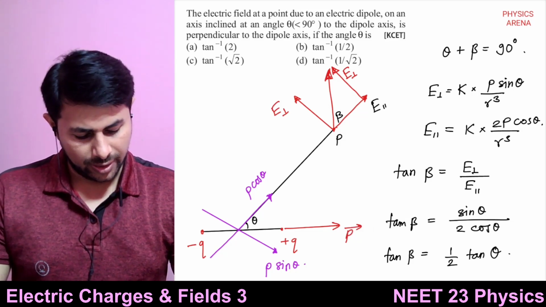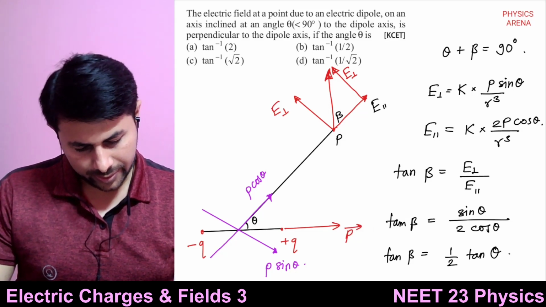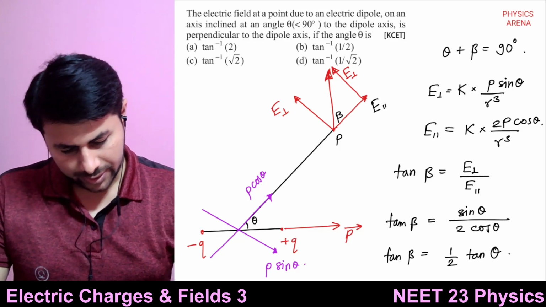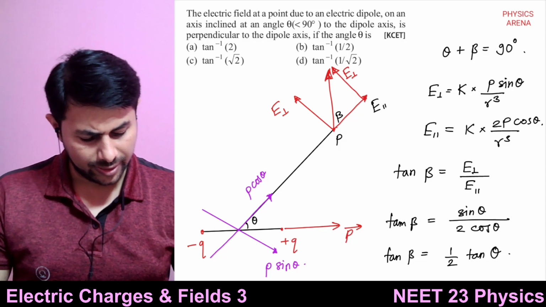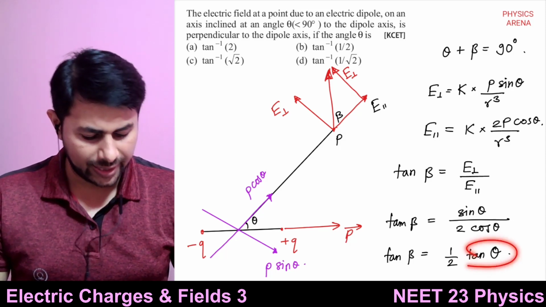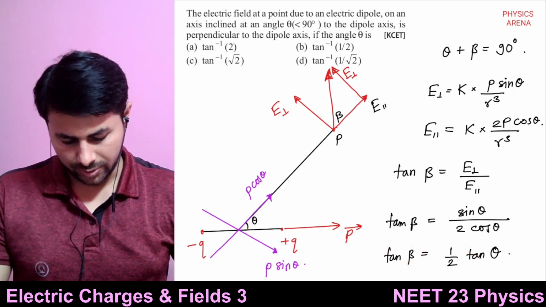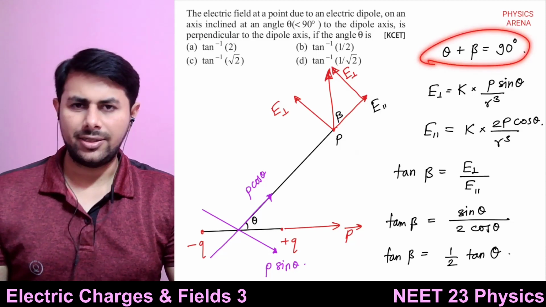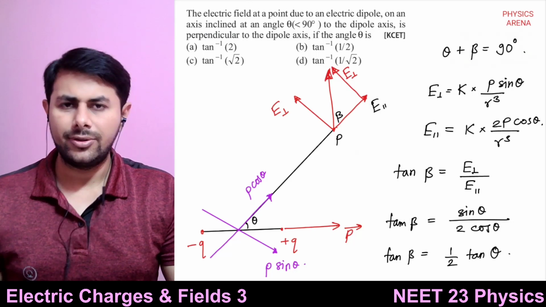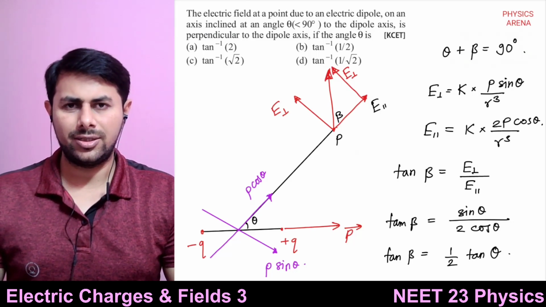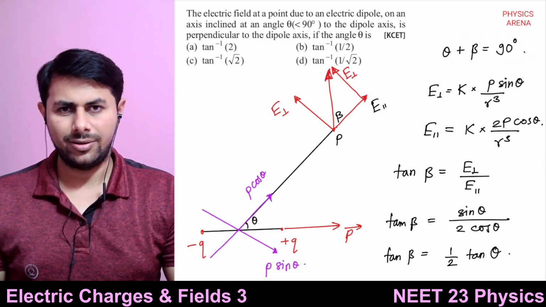We know the relation that theta plus beta is equal to 90 degrees. Can we relate tan of theta and tan of beta? These two are complementary angles, right? For complementary angles, we know tan of one angle is equal to cot of the other.